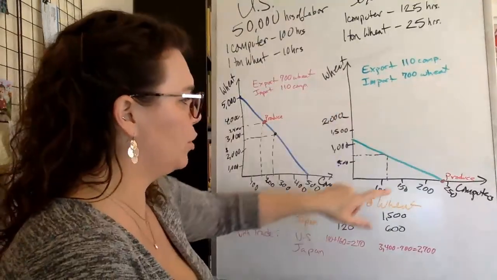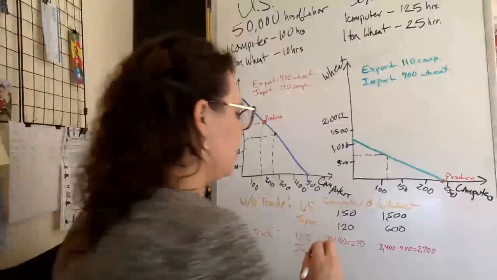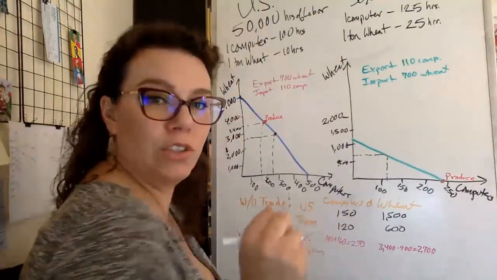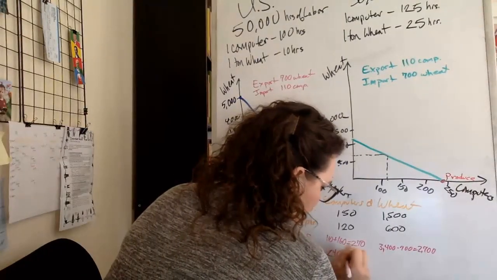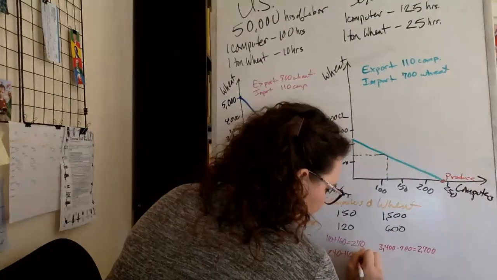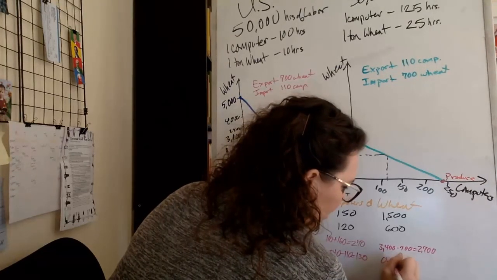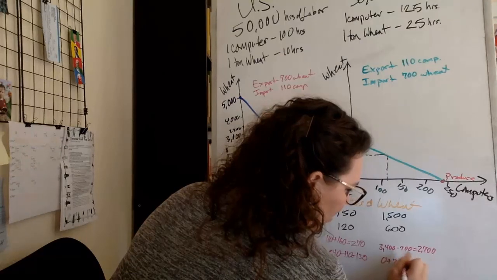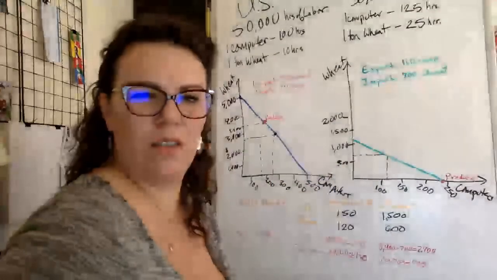They didn't produce any wheat, but they'll import it, and then they're going to export some of their computers. So they produced 240 computers minus 110 gives us 130, and then they're going to import 0 plus 700 tons of wheat. Do you kind of see that?